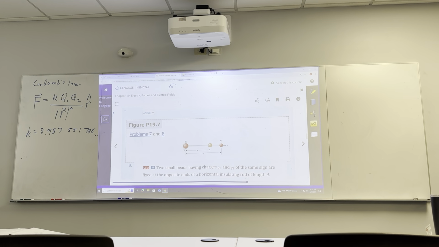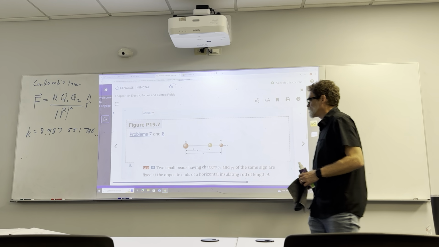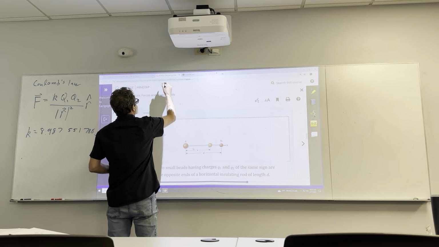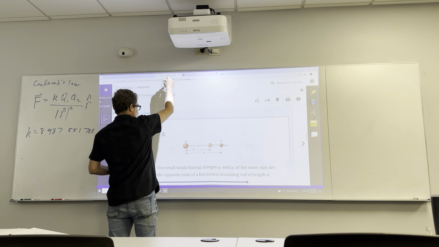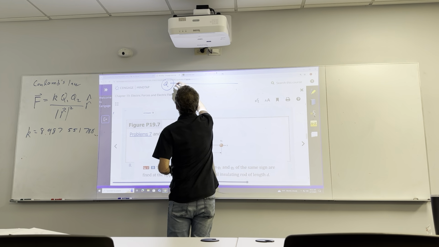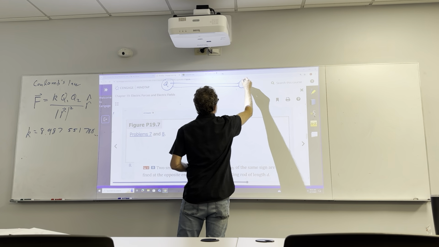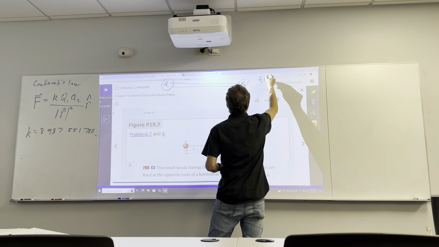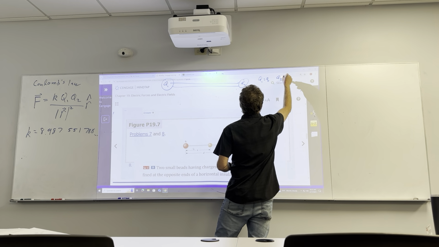So here's the picture. We've got Q1 here, a rod, and Q2.